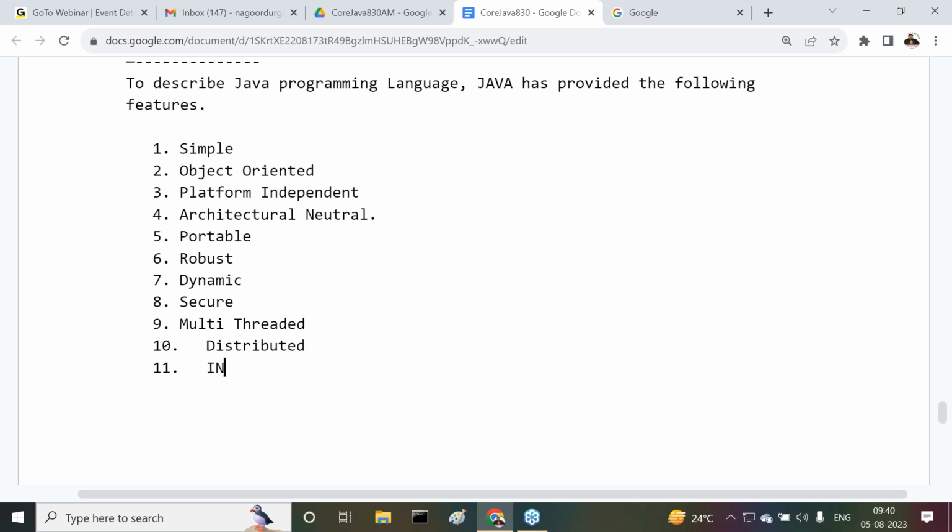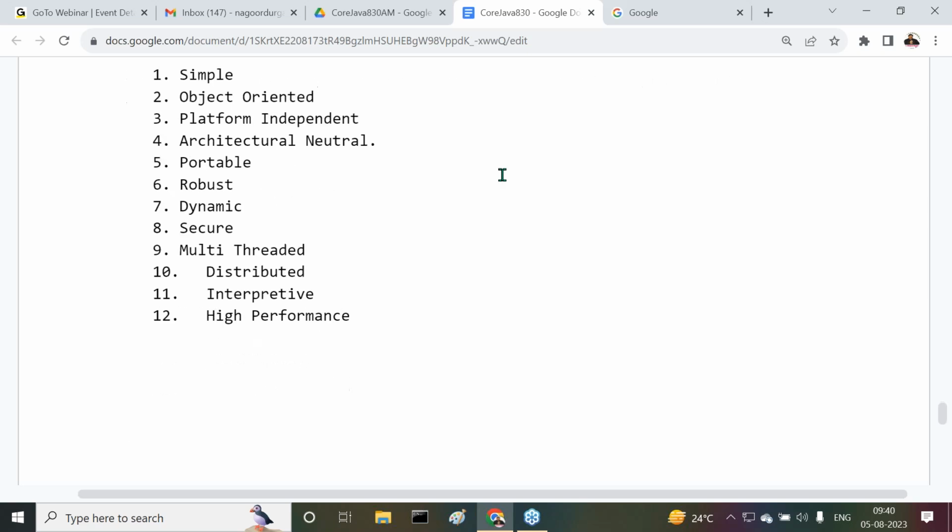Next one is Java is an interpretive programming language. At the end, Java is a high performance programming language. That's it. These are the overall Java features you are having.